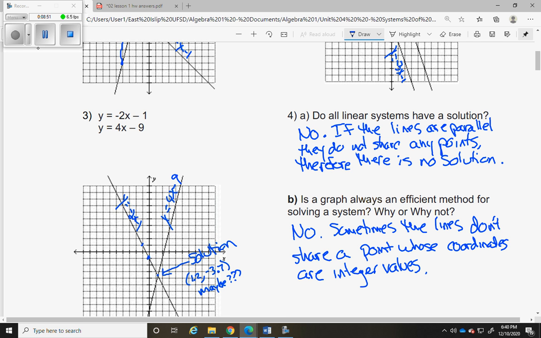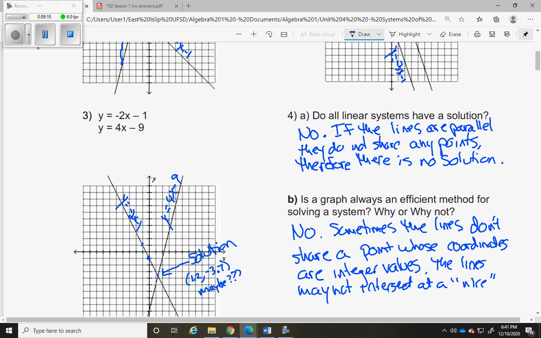You can say it very simply as, you know, sometimes the lines don't cross at a nice point. I'm going to put this word nice in parentheses because what's nice?